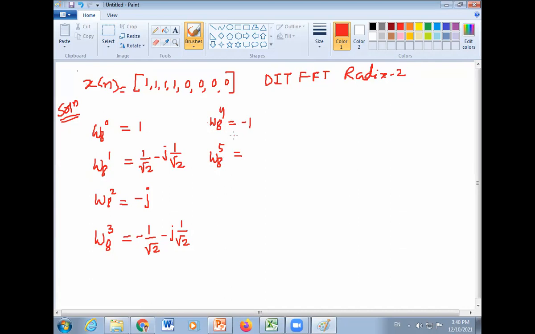W8 to the power 5, what is the value again? Can someone tell me properly? What is its complex conjugate? Minus 1 by root 2 plus j 1 by root 2, will it be that? Let me just cross verify once.